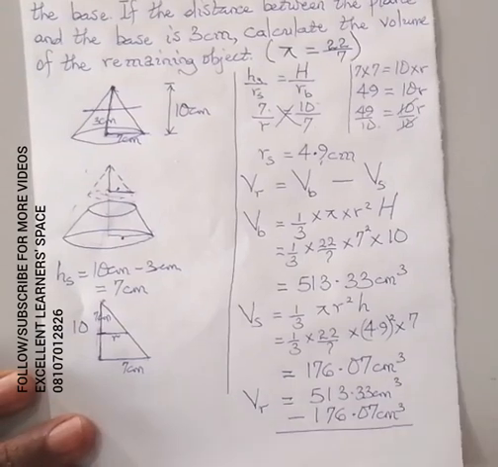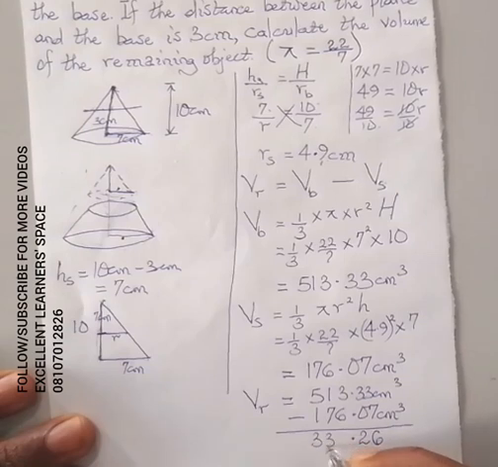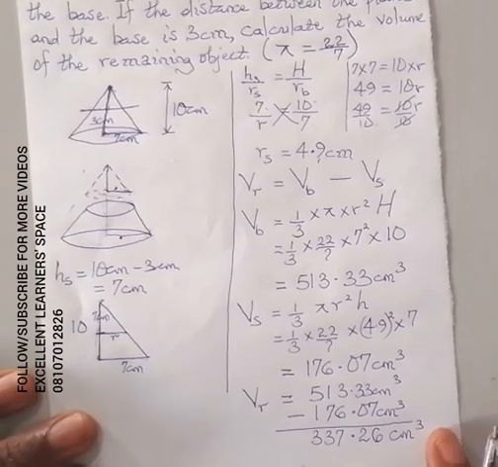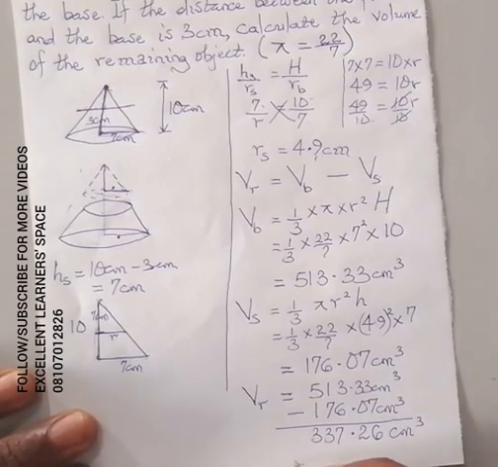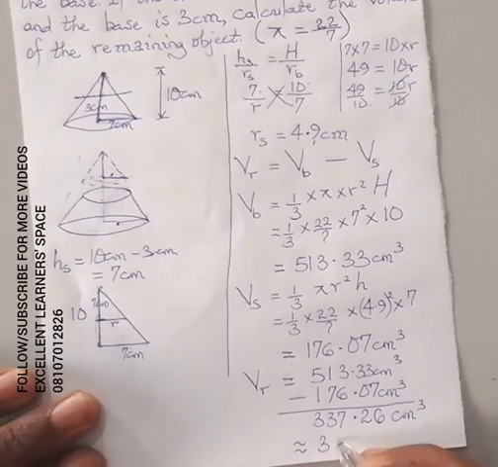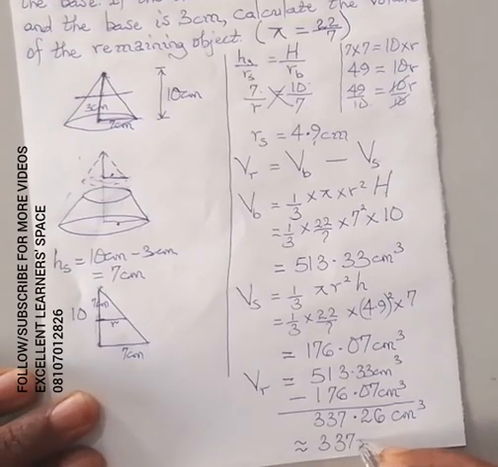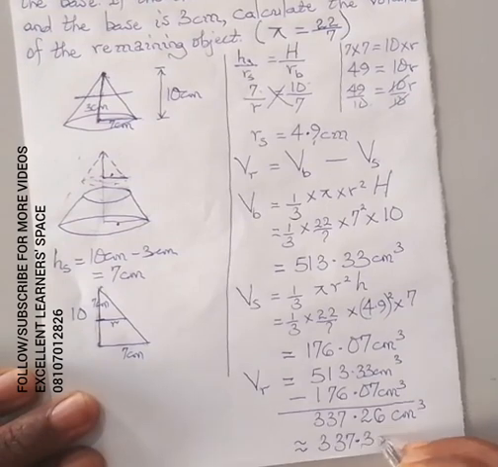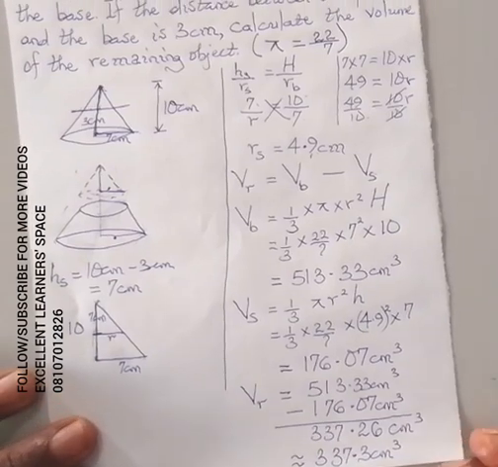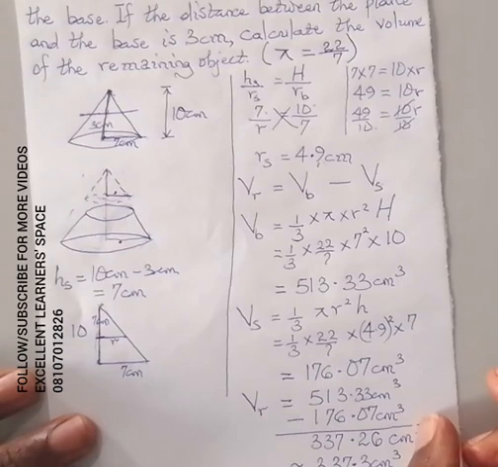When I subtract that, I'm going to be having 337 centimeter cube. So the volume of the remaining part will be approximately 337.3 centimeter cubed.